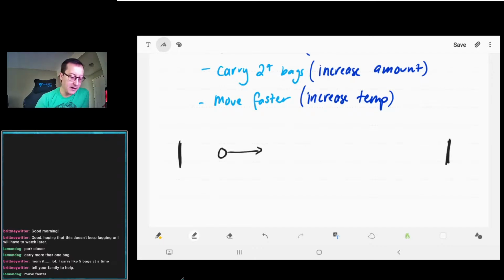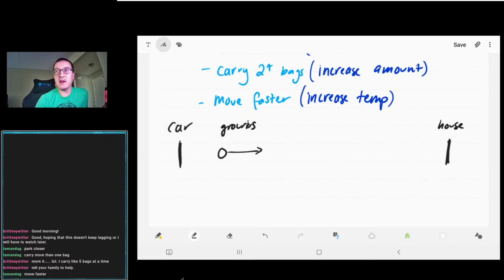That's essentially me going from the car with my groceries to the house. Every time a gas particle bonks into one of the walls and turns around, that's what pressure is. Every time a gas particle collides with something, that is pressure.